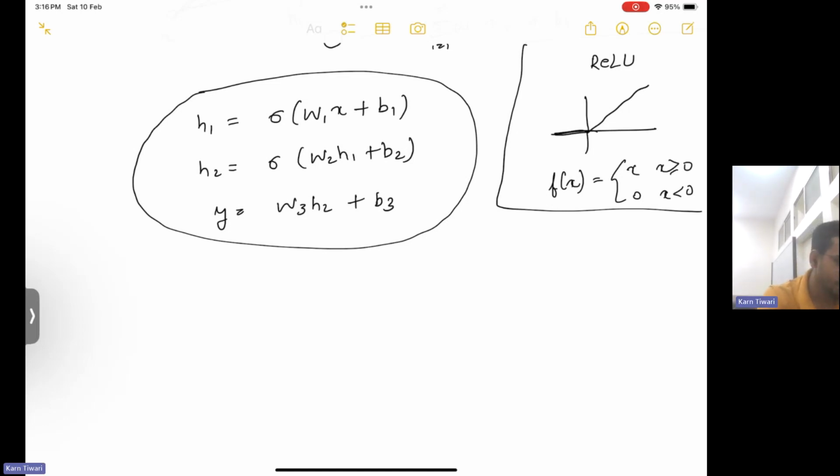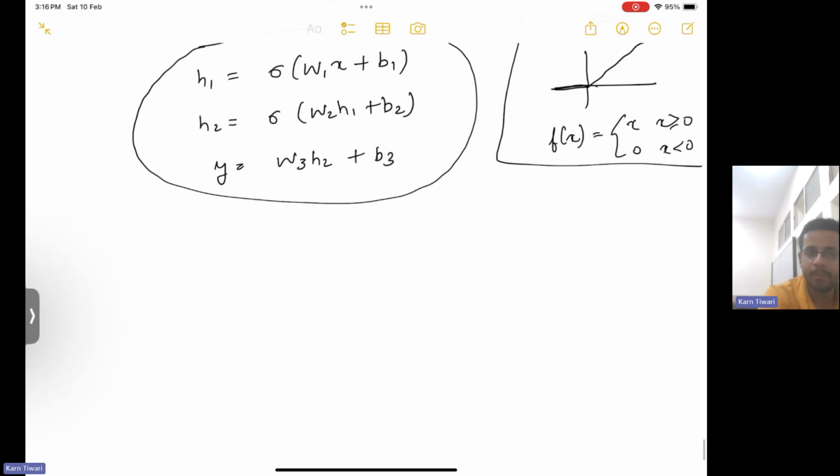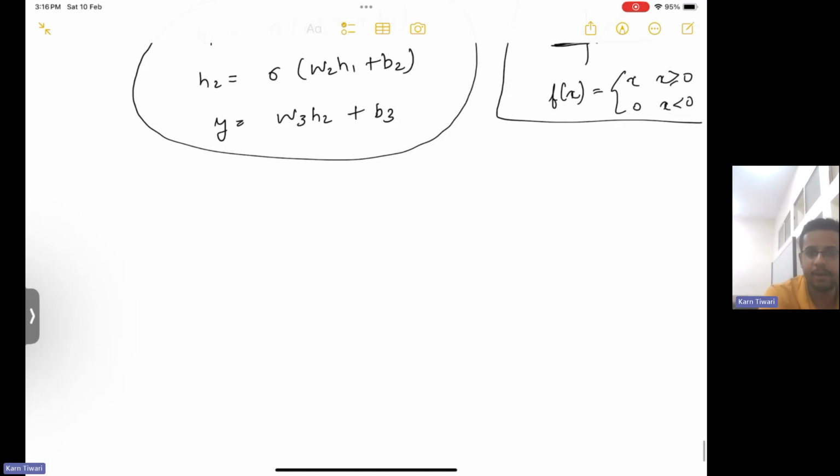So with a sequence of these operations, a neural network is a universal approximator for any wide layers of neurons. Each hidden quantity means the number of neurons in the hidden layer, and you can have an arbitrary number of neurons.